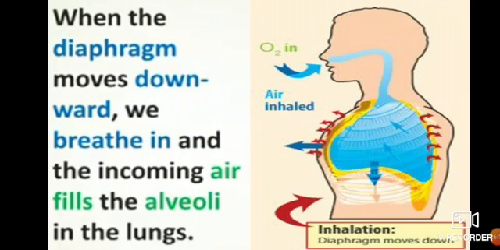And after trachea, it goes in the lungs. Trachea means windpipe. So with the help of the windpipe, it moves into the lungs. And finally, it reaches the alveoli. So from the nose, when we inhale the oxygen, it goes into the trachea or the windpipe. From there, it goes to the lungs, and from lungs, it goes to the alveoli.